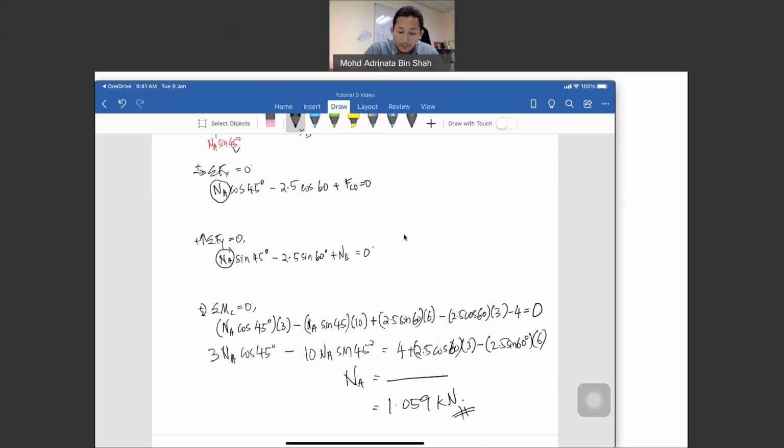So we have FCD equals to 2.5 cosine 60 minus 1.059 cosine 45 degree. FCD is equals to 0.501 kilonewton. Then NB is equals to 2.5 sine 60 minus 1.059 sine 45 degree.